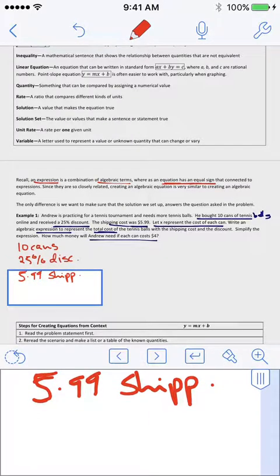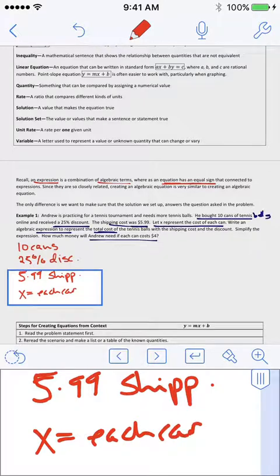And then they want X to be each can. So I want X to be the cost of each can. Now I've got 4 tiny little pieces of information, as opposed to this huge paragraph. I think I'm feeling a little better about myself. Instead of 5 sentences, I've got 4 things to consider. That's very convenient.